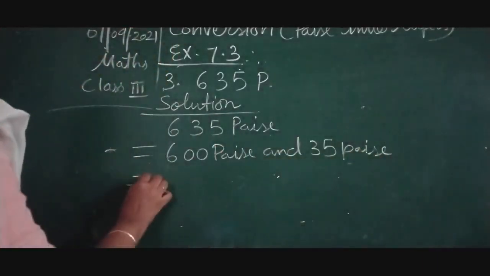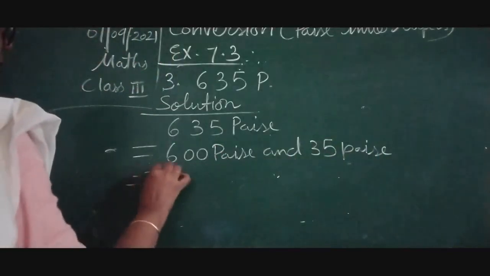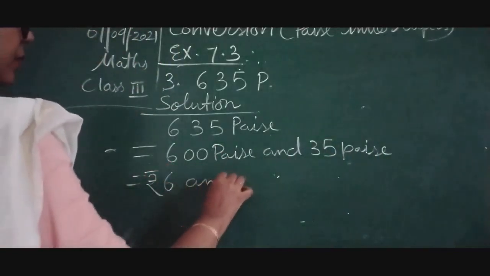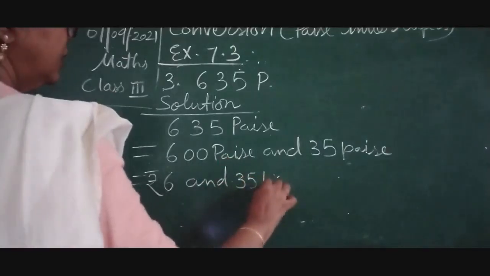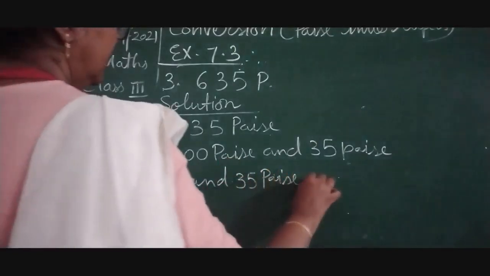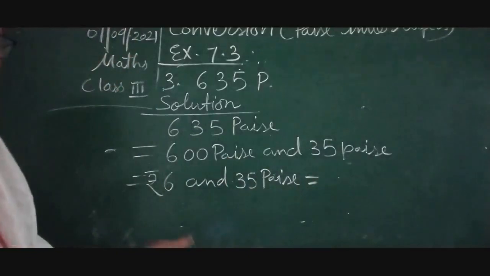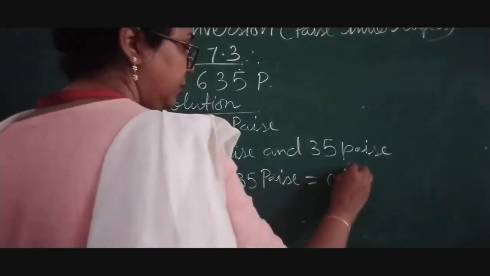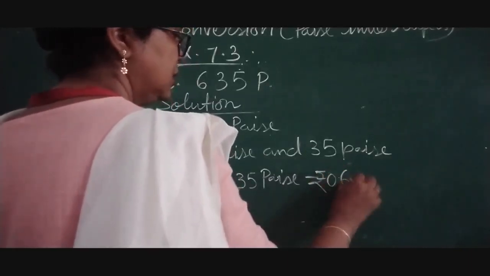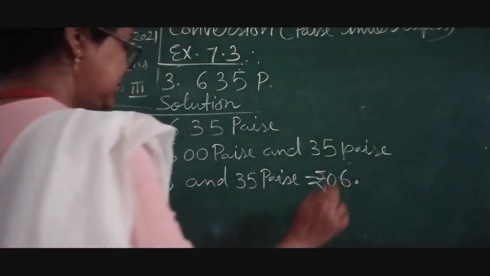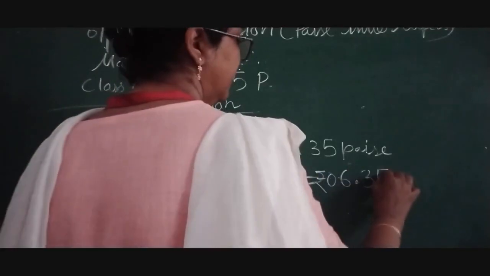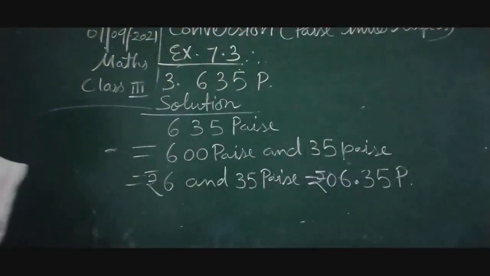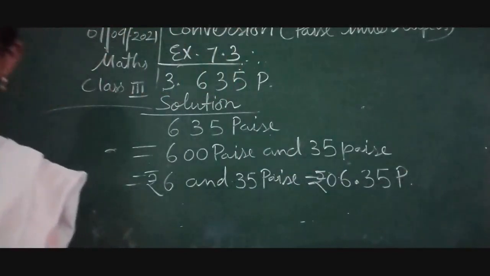So here rupees 6 and 35 paise. Now we will write in the short form. So we will write rupees 6 and 35 paise, children.